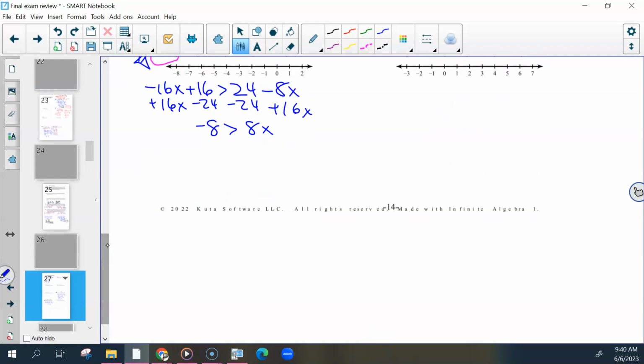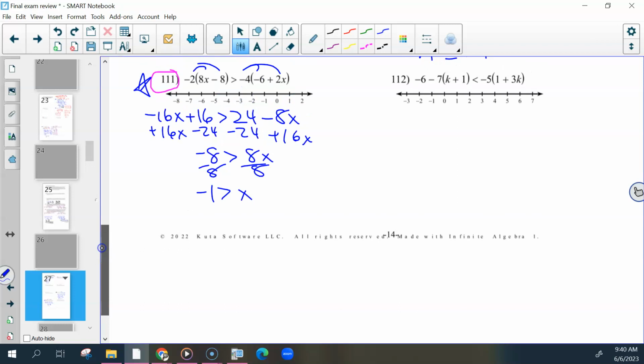Then I could divide both sides by 8. Sign would not change because what I'm dividing by is not negative. I could either read this backwards, x is pointing towards, so less than -1, or flip it. So this would be open at -1, going to the left. Questions on these?